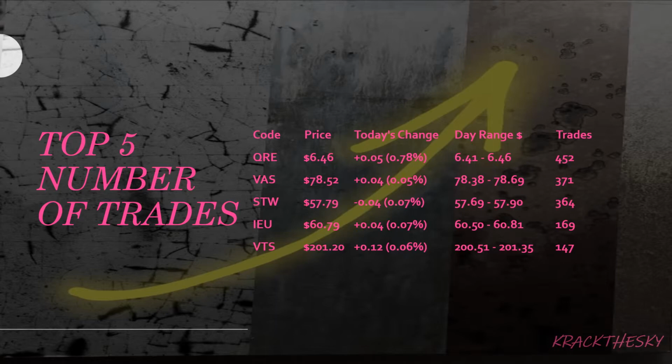STW is the State Street SPDR S&P ASX 200 ETF. IEU is the iShares Europe ETF. That one tracks the results of the S&P Europe 350 index. BTS, which most people should know, is a Vanguard US Total Market Shares Index.